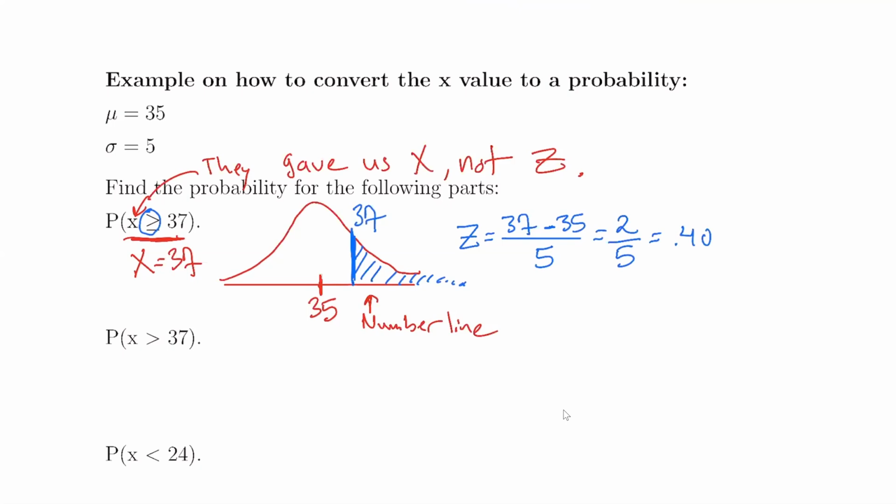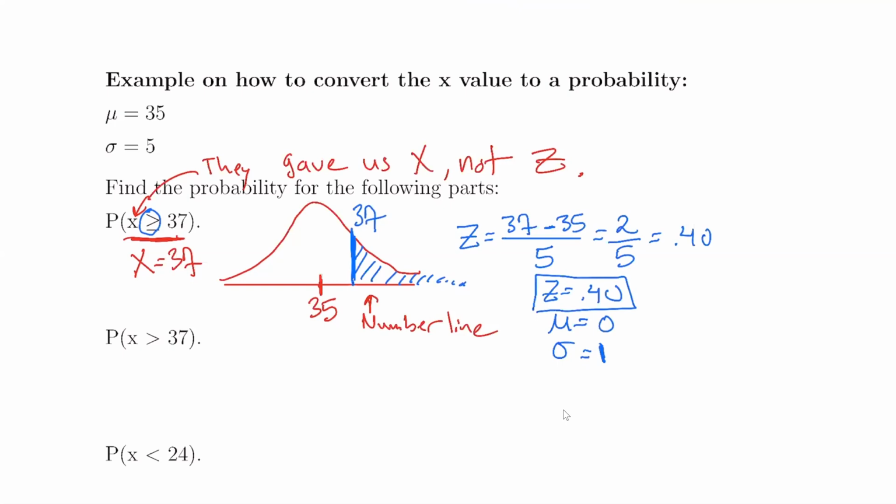Now I know the z value. Once I find the z value, my mean automatically becomes 0 and the standard deviation automatically becomes 1. Once you find the z-score, it's automatically telling you the mean is 0, sigma is 1, because once you find the z-score, it standardized the data.